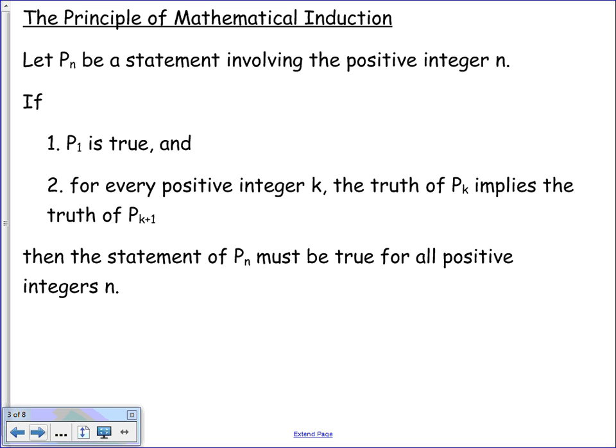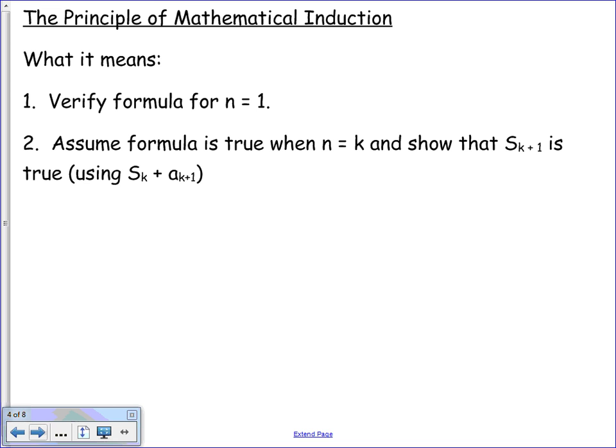So in our own words, and you might want to jot this down today, the principle of mathematical induction, what it actually means to us, is we're going to be looking to do two things. Number one, we want to verify a formula for n equals 1.